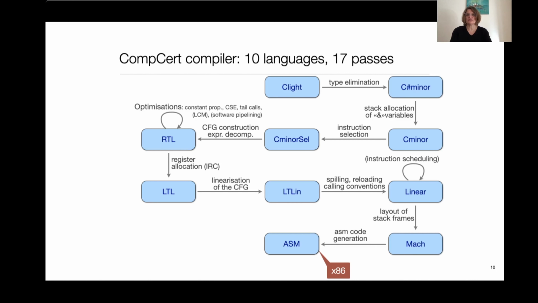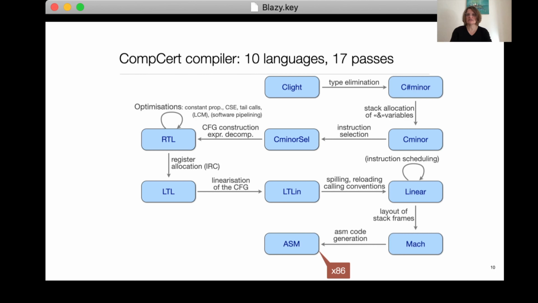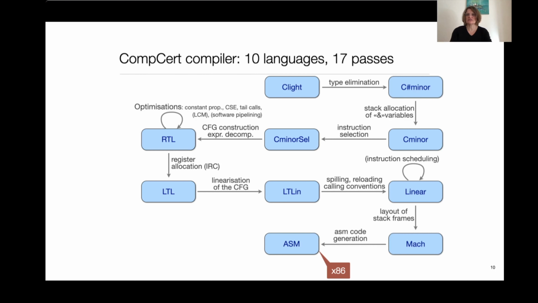CompCert accomplishes a series of passes from C down to assembly using many intermediate languages. In this work, we start from the C-like source language. It is a deterministic language, and programs are compiled down to x86 assembly using 17 compiler passes. The peculiarity of CompCert is that each of these passes is proved correct.